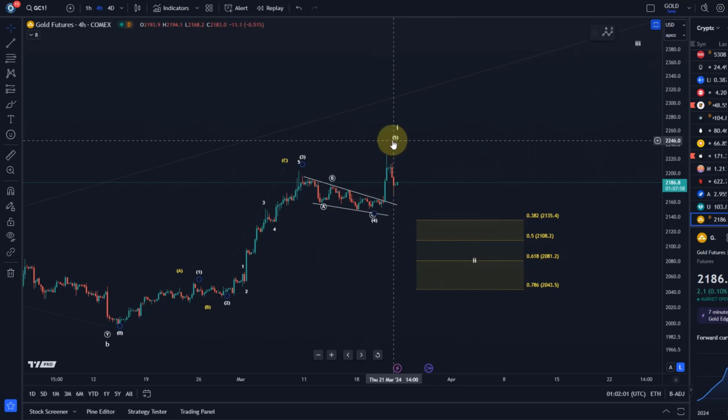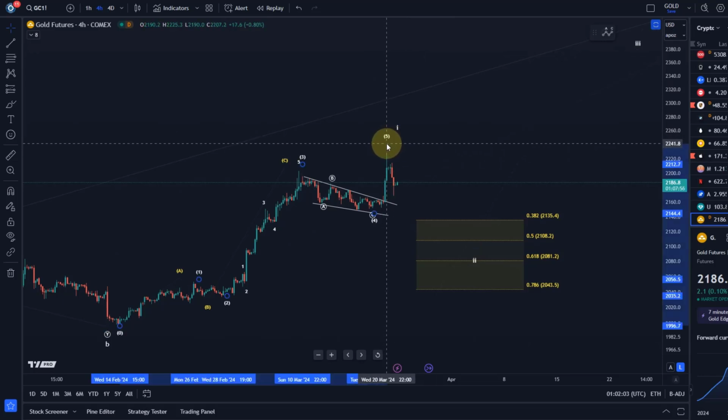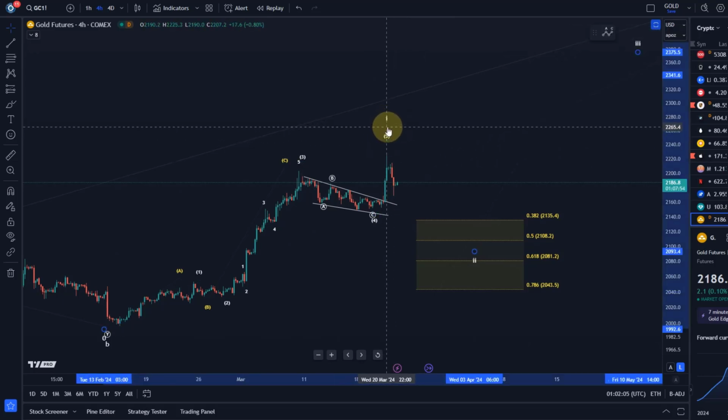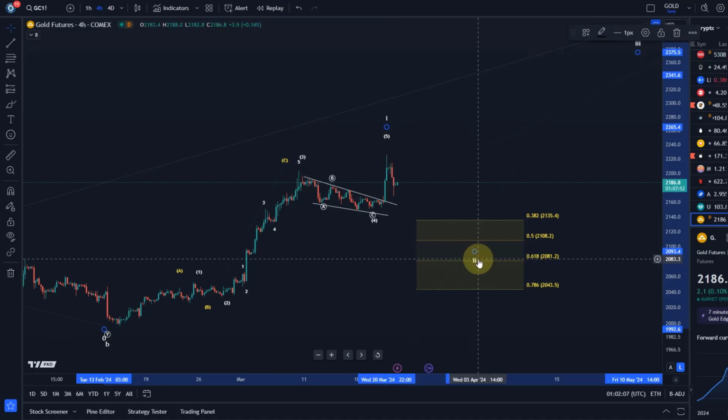So therefore, we have a complete pattern here on the chart. Now that doesn't mean we have to come down in wave 2 now, but that's what I would assume, okay? But I also tell you which levels need to break to confirm that.